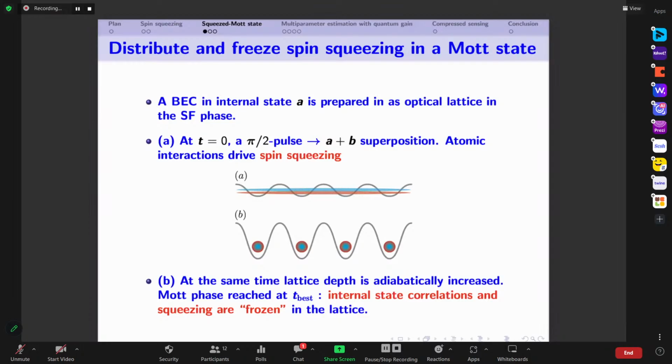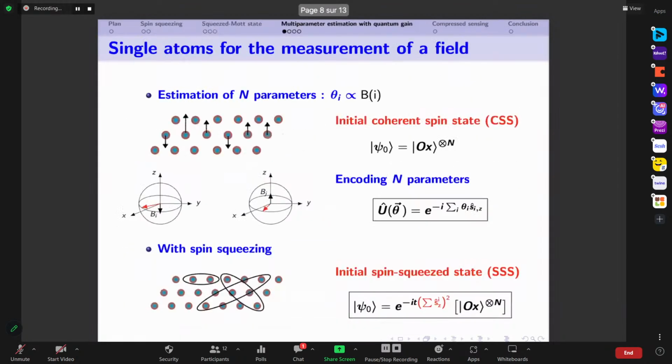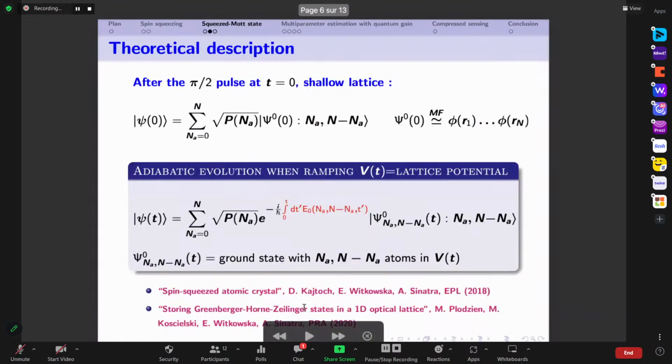And if you freeze, you can choose which one to freeze in your lattice. It depends on how slowly you ramp. So what we were showing in this paper is that you can freeze a GHZ state.